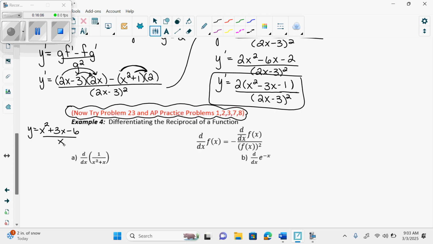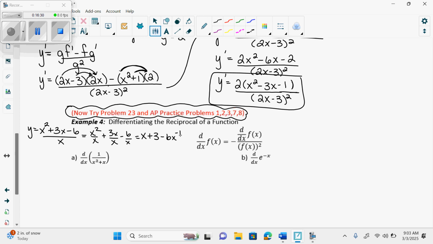No, you guys will all do quotient rule, but you don't have to. What could you do? You could go x squared over x plus 3x over x minus 6 over x. And then you'd rewrite this as x plus 3 minus 6x to the negative 1, and we could do power rule. Correct? This one, however, has a what denominator?